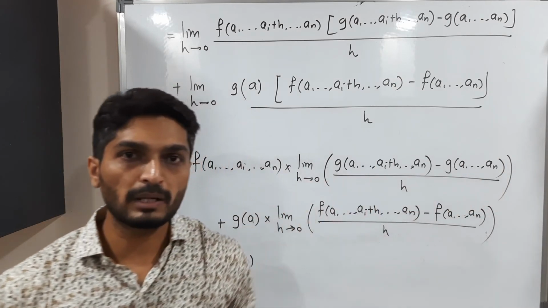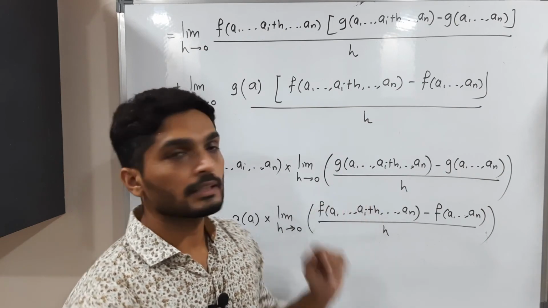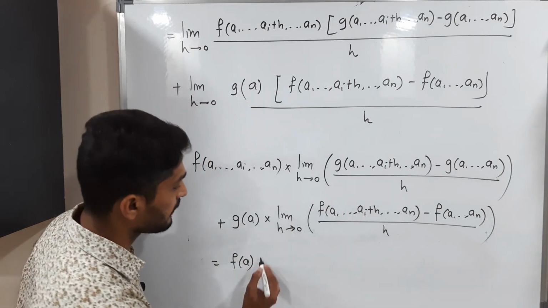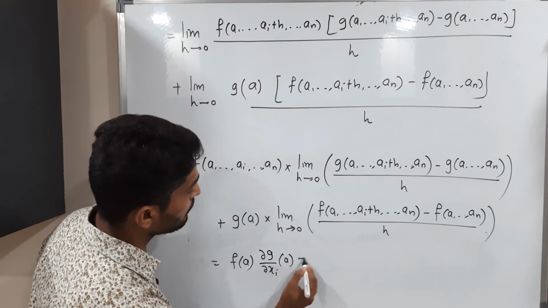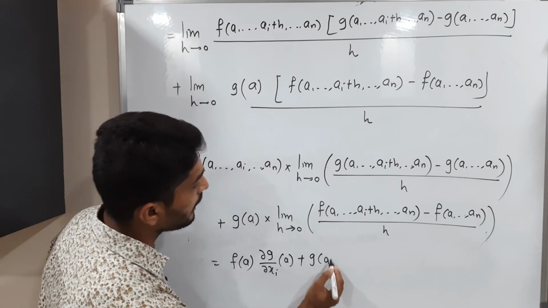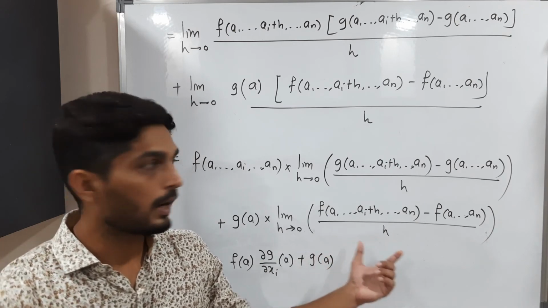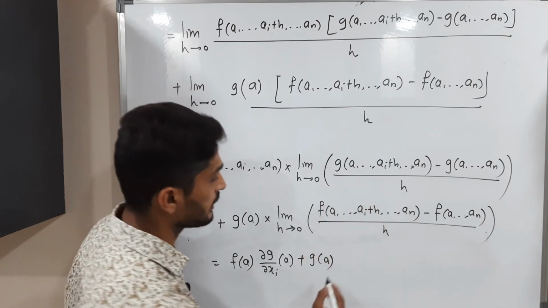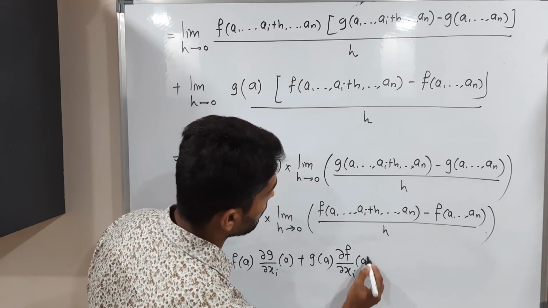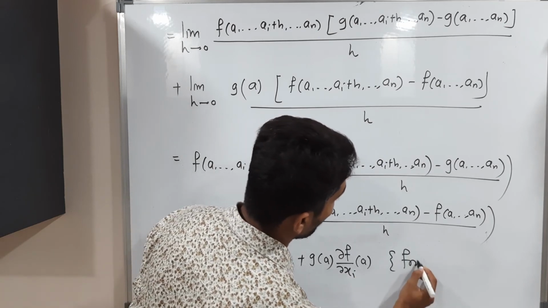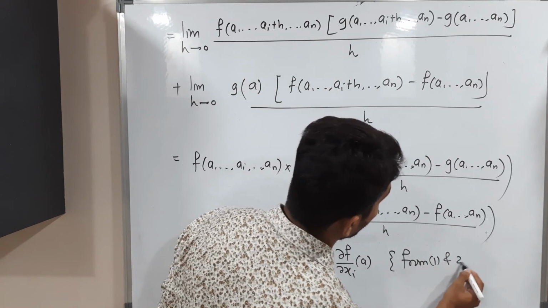If you remember equation number 2, this is nothing but dou g by dou xi of a, plus g of a, and if you remember equation number 1, this is nothing but dou f by dou xi. So this is dou f by dou xi of a. So I need to mention from 1 and 2.